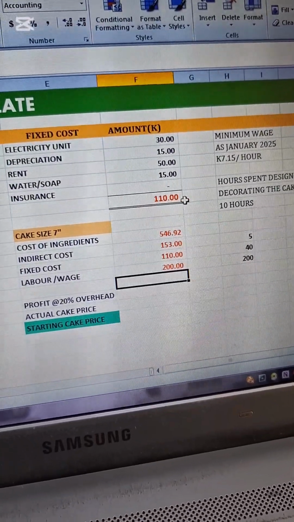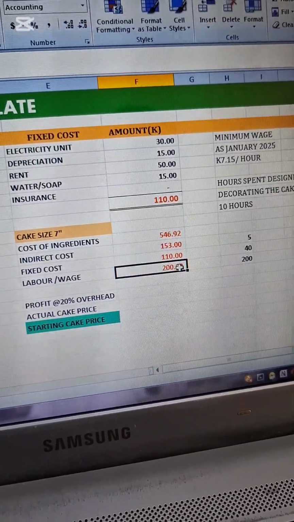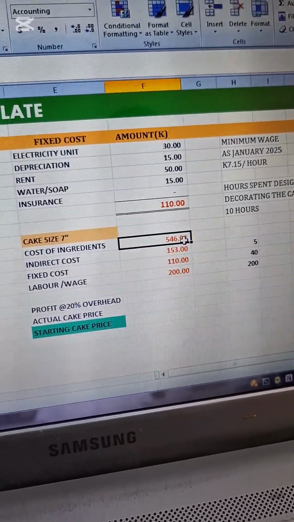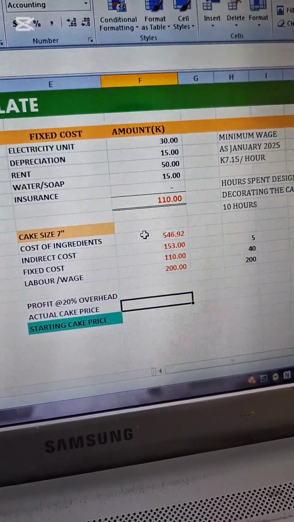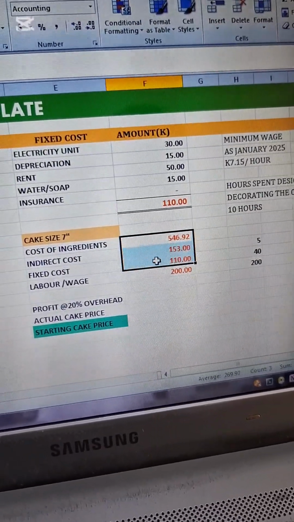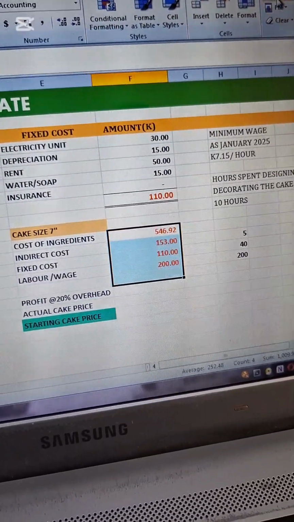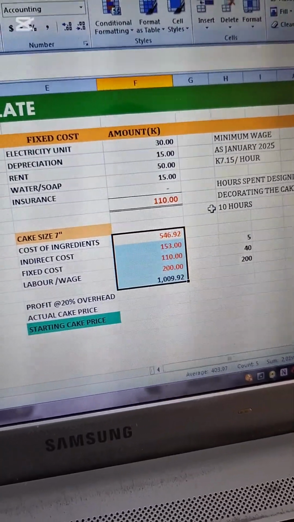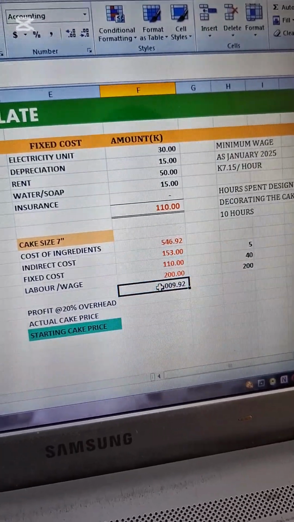So it's 40 kwacha by 5 hours, so I paid myself 200 kwacha. So this is the money that goes to my pocket, and you can also pay your employees if you have any, and your taxes from the same amount. And our total including labor is coming to 1009 kwacha.